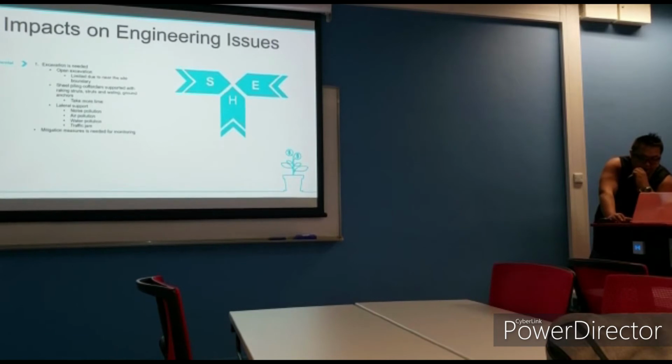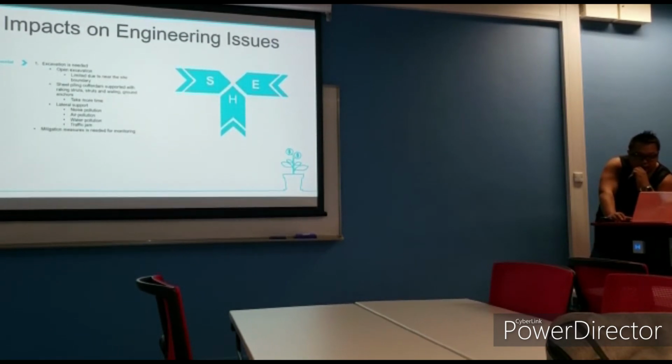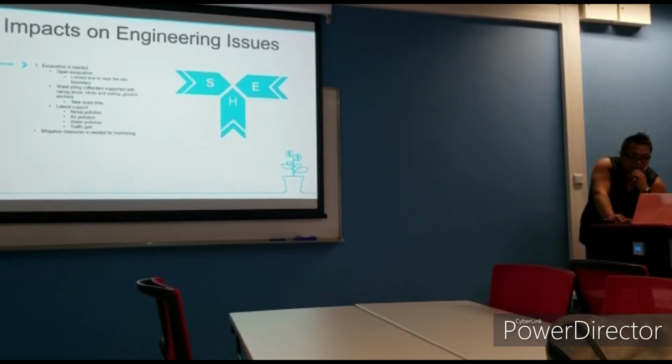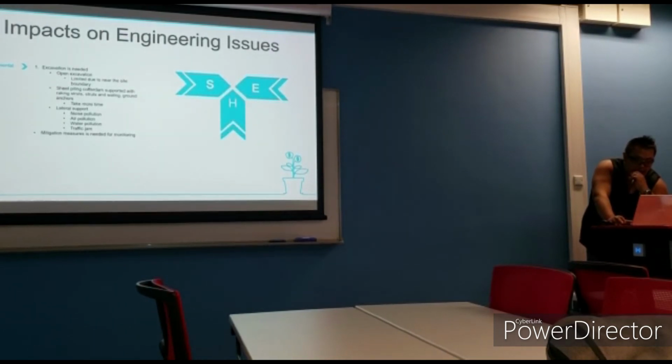For the environment, we look at the excavation in the construction site. We may use several methods for the construction. One will be the open excavation, but it will be limited due to the site boundary.